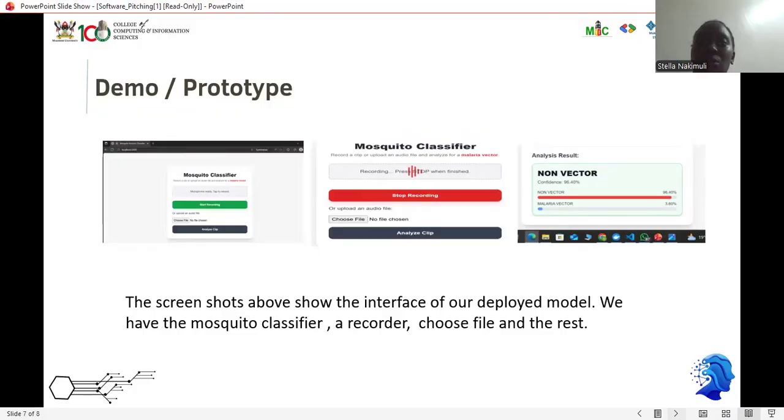Here below on the right, you can see our mosquito classifier, whereby you can start recording and input a sound, and then it will give you the prediction whether it's an Anopheles mosquito, background noise, or any other mosquito. So this is the system we built.